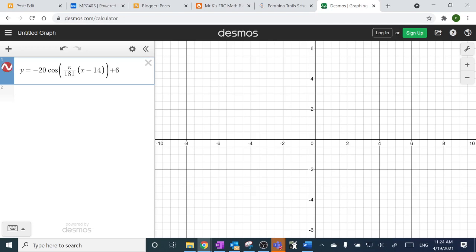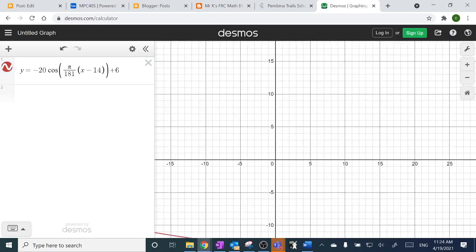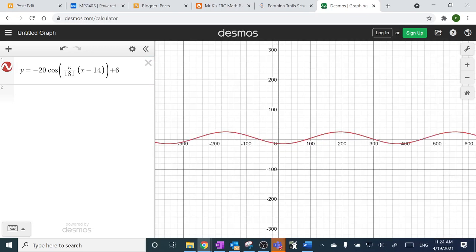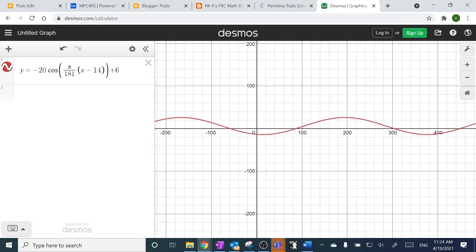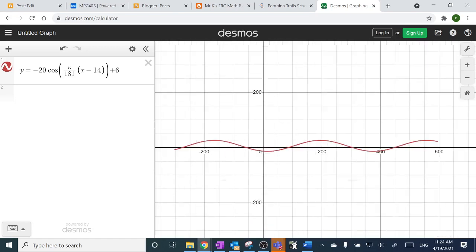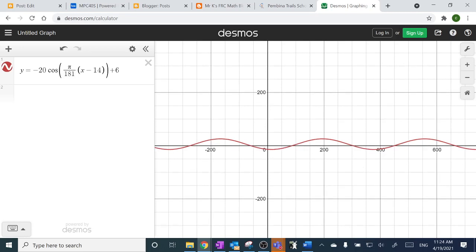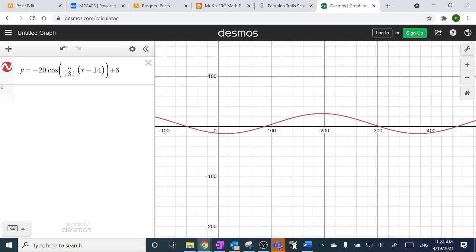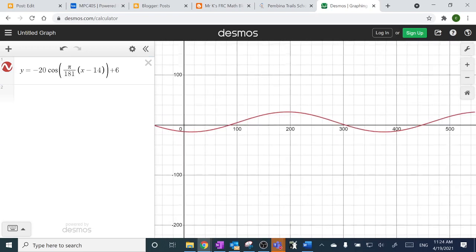Okay, why can't I see my graph? Because my scale is not allowing me to see my graph. I'll just change my scale until I can see it. There we go, something like that. Anyway, that's basically a year right there, right?